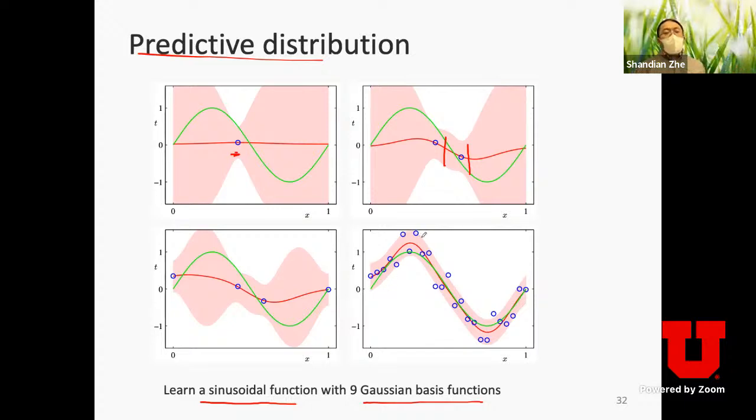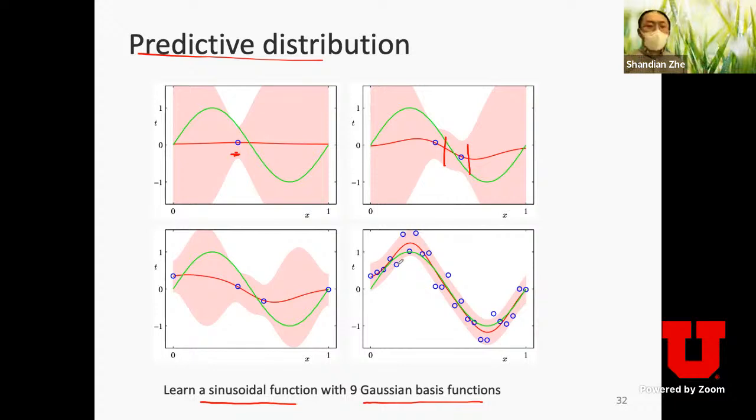And finally, if you add a lot of data points, like 20 or 30 circles here, you can see that the predictive mean itself is quite close to the ground truth. At the same time, the predictive uncertainty is largely reduced and is much more acceptable.